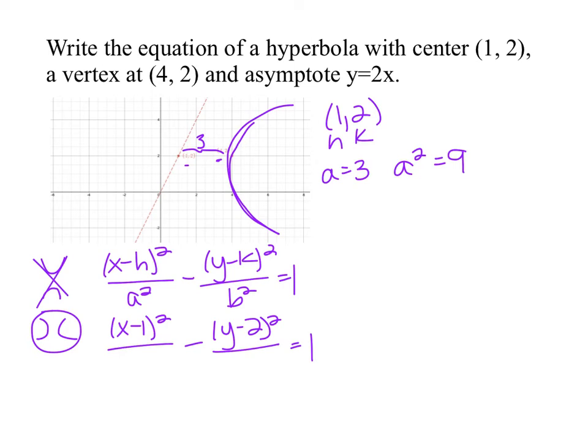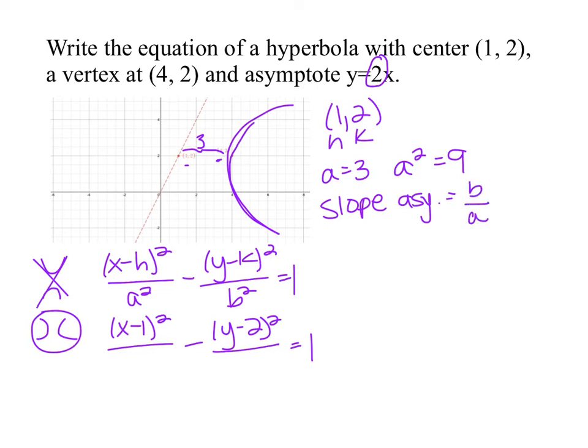Also remember our slope of our asymptote. So this 2 relates b and a together, because remember, the slope of your asymptote for this type of hyperbola is equal to b over a.